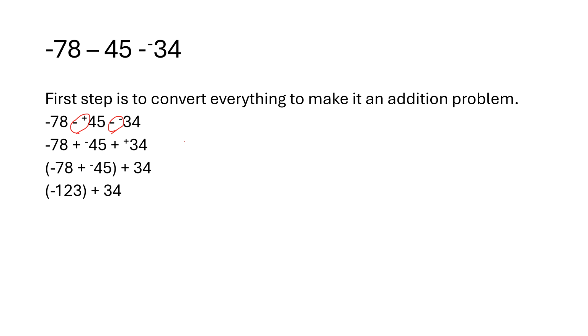So we have negative 123 plus 34, or plus positive 34. And so now we can combine that positive 34 and match it with 34 negatives in this next step. And then when we do that, we have 89 negatives left over.